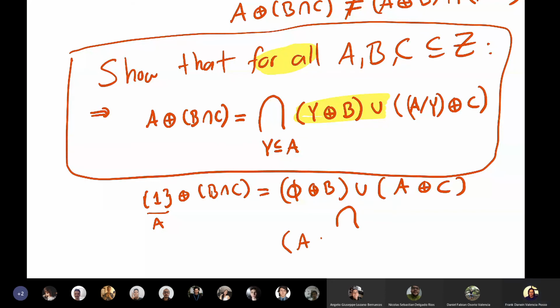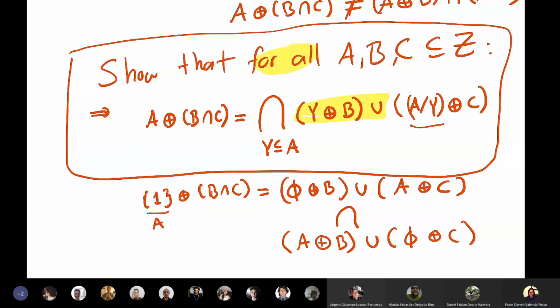A más B unido con vacío más C. Exactamente, muy bien. Cierta simetría, ¿no? Aquí tenemos vacío más B y aquí vacío más C. Y aquí tenemos A más C y aquí A más B. ¿Sí ven esa simetría?